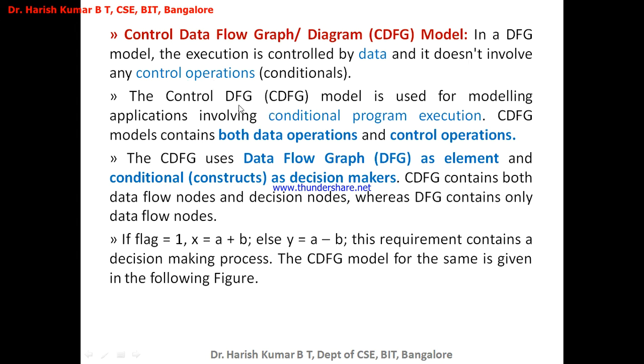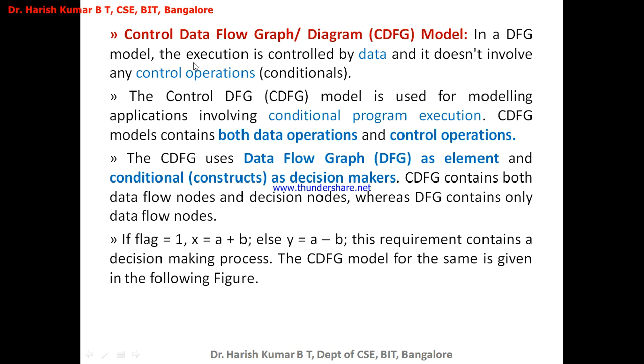Now the control DFG model, the control data flow graph, is used for modeling applications involving conditional program execution. The CDFG model contains both data operation as well as control operation.